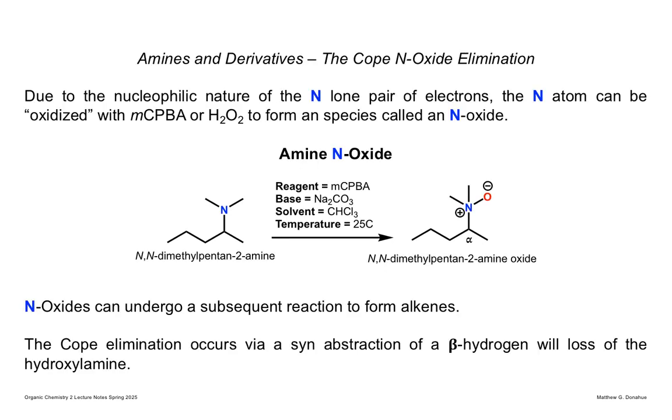Okay, I want to get this reaction in before we end here. The last reaction here is called the Cope elimination. So it's taking an amine to an alkene. So just like the other one, except now the conditions are a little bit different. We have a tertiary amine, and we're going to oxidize it with mCPBA.